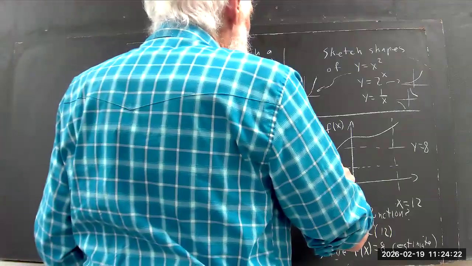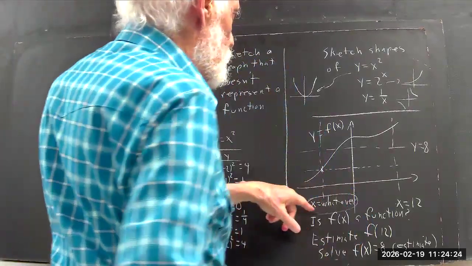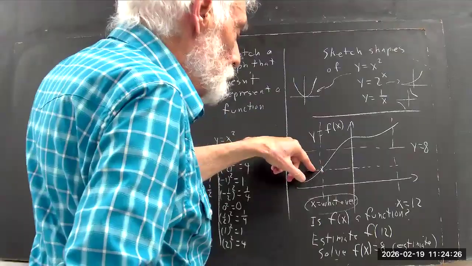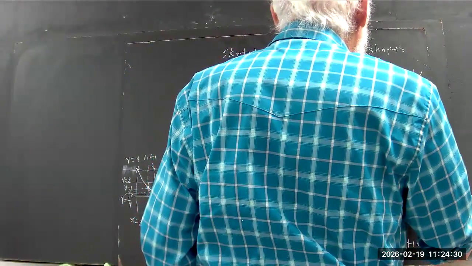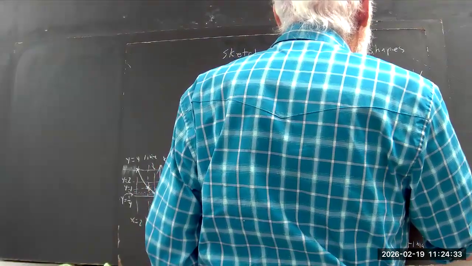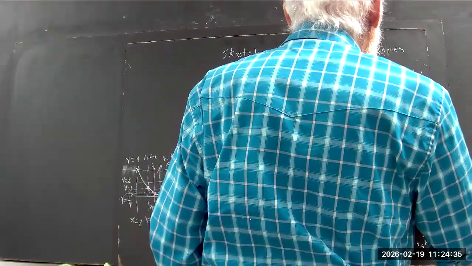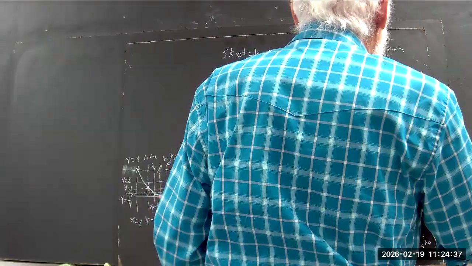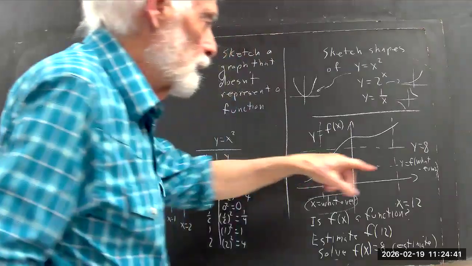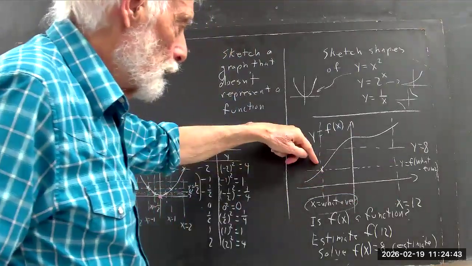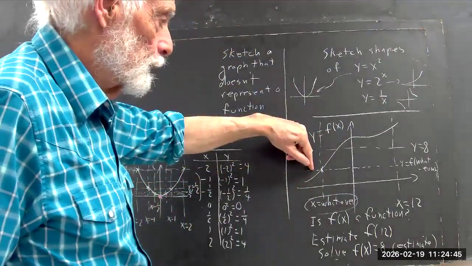So we take the point where x equals whatever meets the graph, and that's y equals f of whatever. And there's only one place where this vertical line hits the graph.